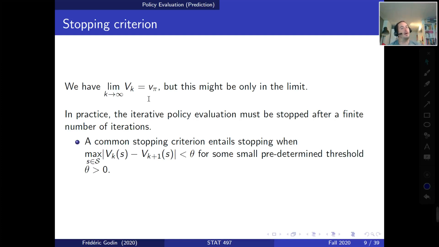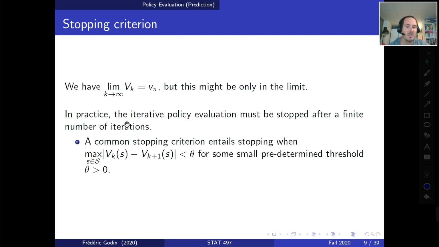So when you apply this iterative policy evaluation in practice, you need to stop after a finite number of iterations. You can calculate V_1, V_2, V_3, V_4. Maybe after V_100 it's enough and you have to stop there because you don't have infinite time to compute.